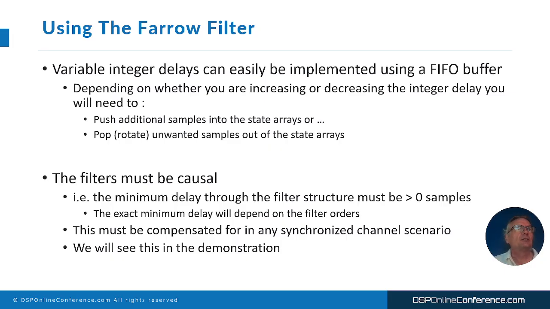If we take this approach, and of course, as ever with DSP, every different approach has its advantages and disadvantages, but if we take this approach of separating the fractional and the integer component, the one thing we need to remember is that every time we cross an integer boundary of our input sample dataset, then we need to either push additional samples into the state arrays of the fractional Farrow structure, or pop, i.e. derotate, unwanted samples out of the state array.